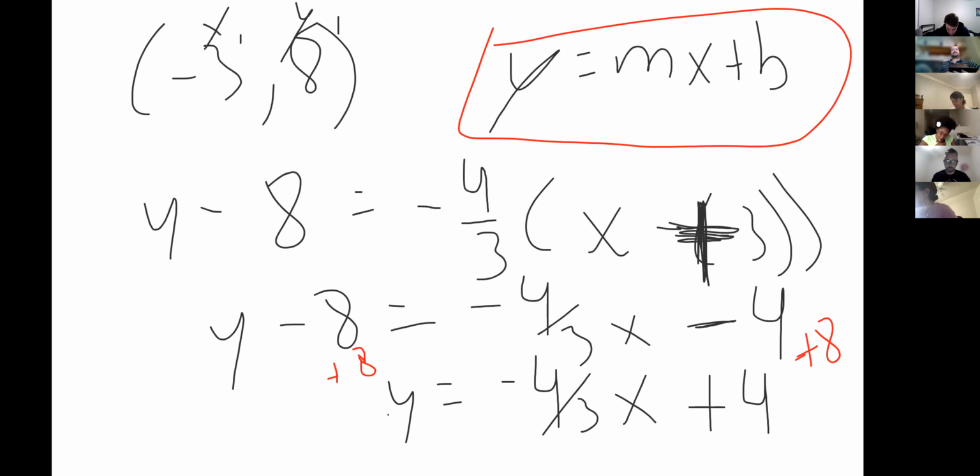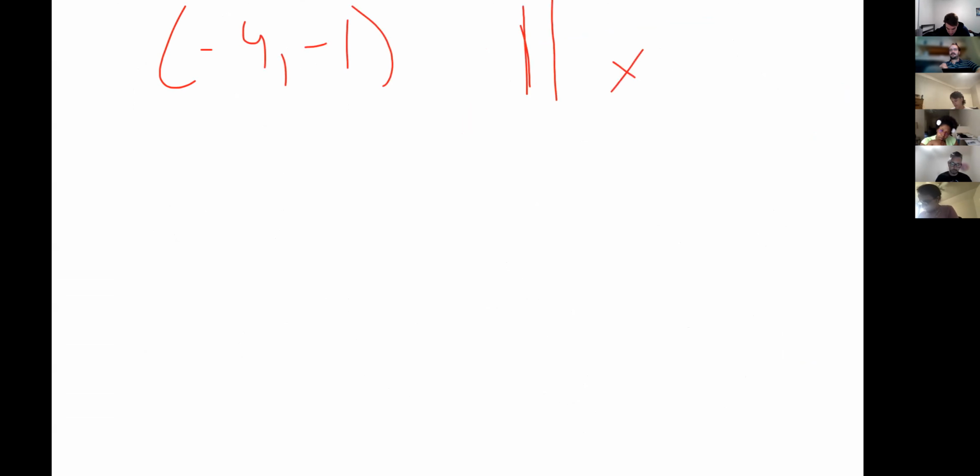Now we get to perpendiculars and parallels. Okay. So we want a line passing through the point -4, -1. And we know it's parallel to x minus 2y equals 6.